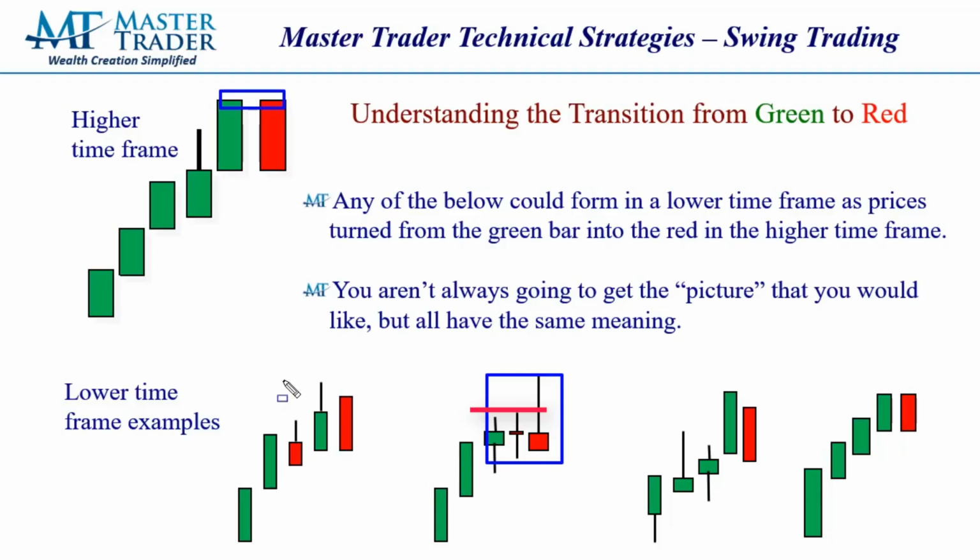However, we know that this pattern is similar, and because the higher time frame has already given us our bias, this picture can be used the same as this picture. Sure, this one is a better one, but this one will work out as well as this one will. Just that this one has more of a shock element to it.